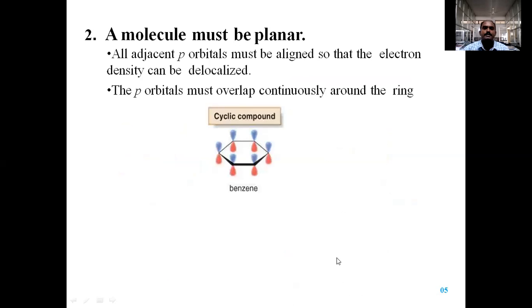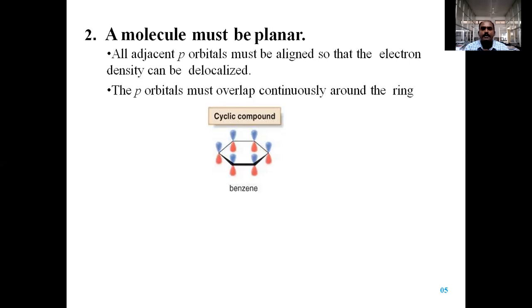The next criterion is that a molecule should be planar. What do you understand by planar? It means it should be straight, a planar structure, meaning the carbons should be in one plane. So all the adjacent p orbitals must be aligned straight. What does it mean? The p orbitals should always be perpendicular to the plane of the structure, so that the electron density, the electron pair, can overlap or delocalize from one carbon to the other.